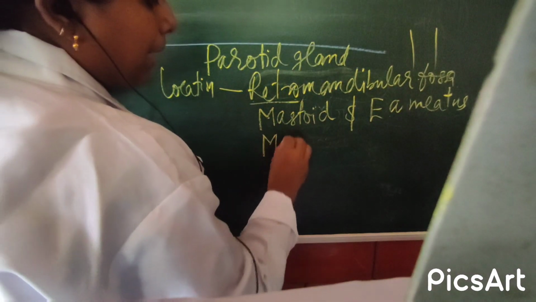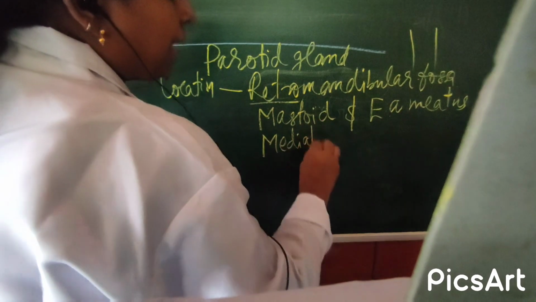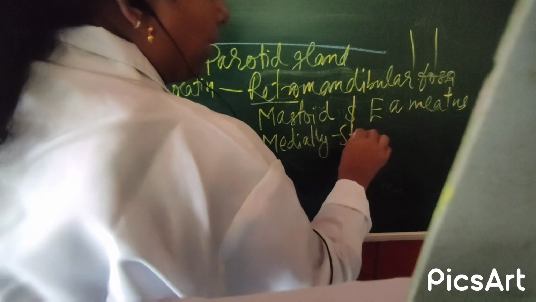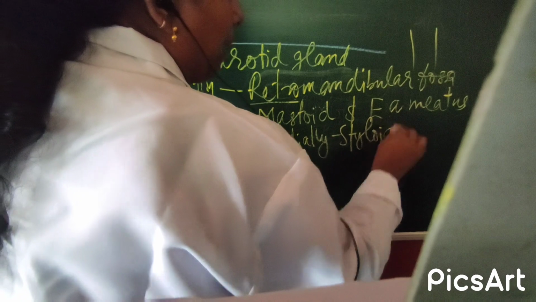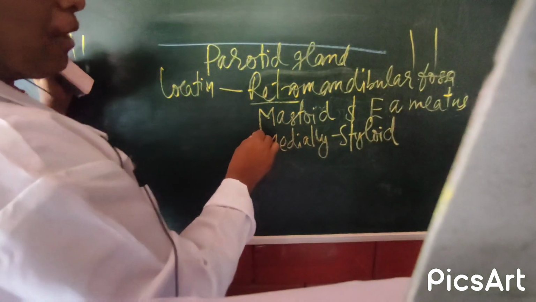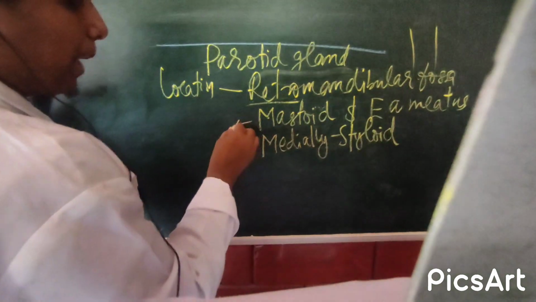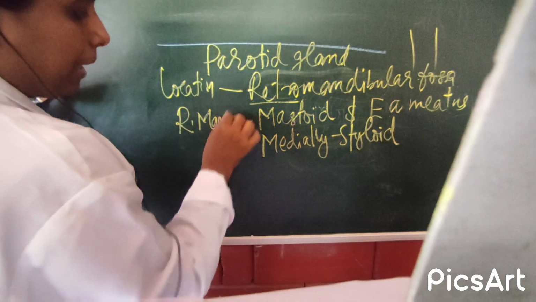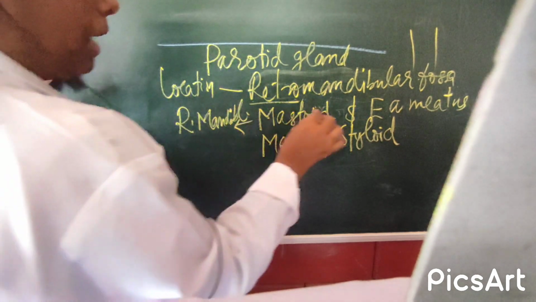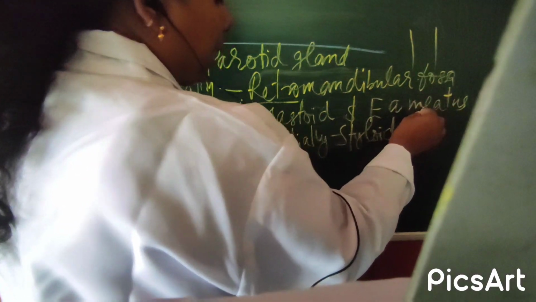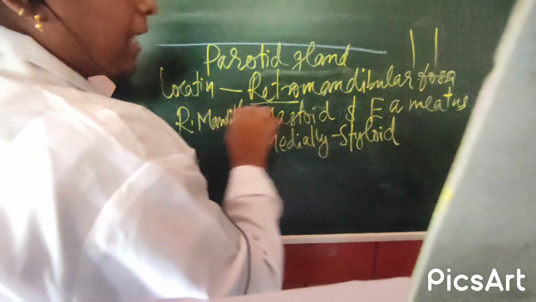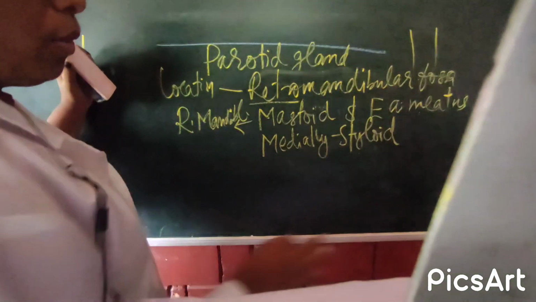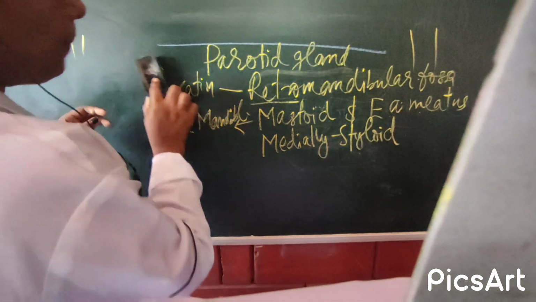Medially, there is the styloid process. So the retromandibular fossa is formed by the ramus of mandible, mastoid process, external acoustic meatus and the styloid process. These are the four structures which bound the retromandibular fossa where the parotid gland is located.